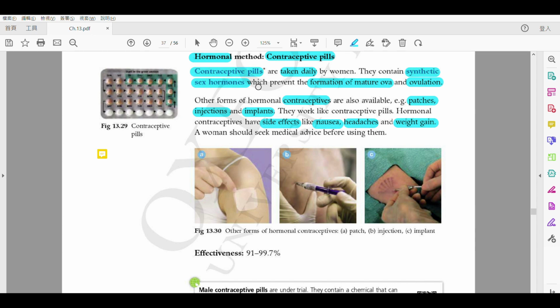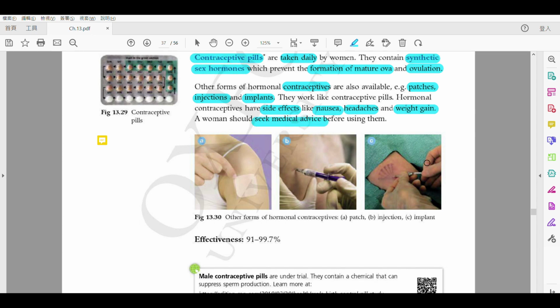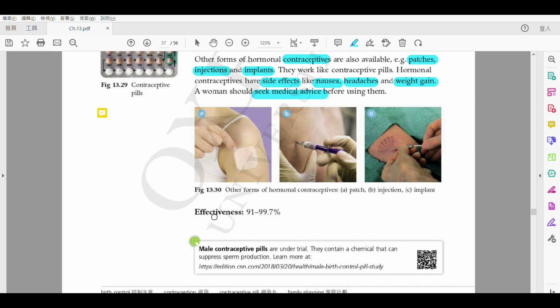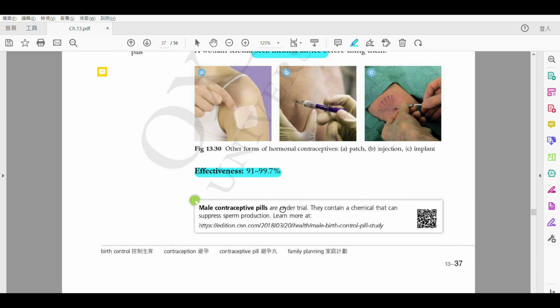Because they are synthetic sex hormones, right? Okay, so therefore you may seek medical advice before using these pills. And one more thing is that the effectiveness is the second lowest. 係第二低嘅。Alright? So which one is the lowest? We are going to talk about that now.